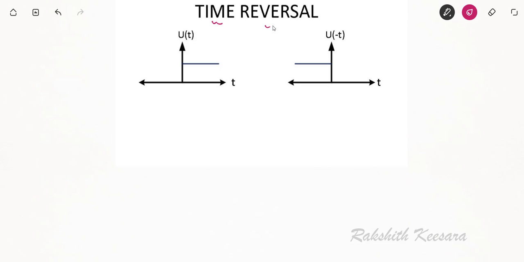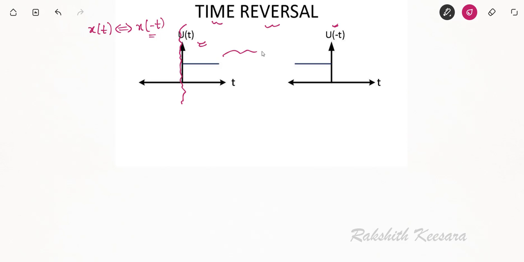First is called the time reversal operation. That is, if a signal x of t is given, x of minus t is called time reversal. This is nothing but taking a mirror image about the y-axis. So if this is u of t, I need to plot u of minus t. I should take the mirror image about the y-axis.